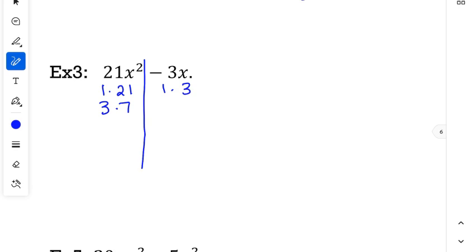We're going to hold off on the negative just for a minute. And then you do the same thing with the variables. I have x squared. So I'm just going to break it apart. And all that means is x times x. And then the next term just has 1x.